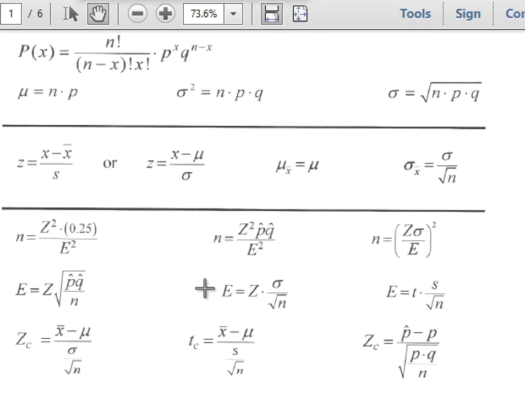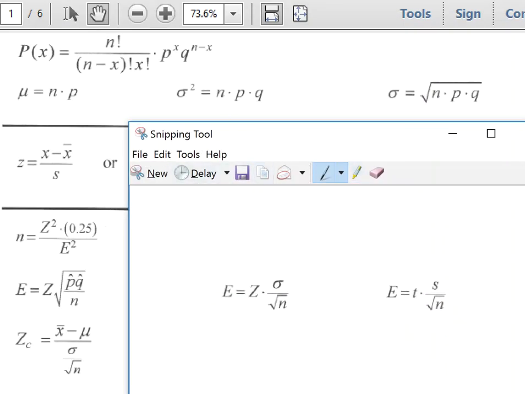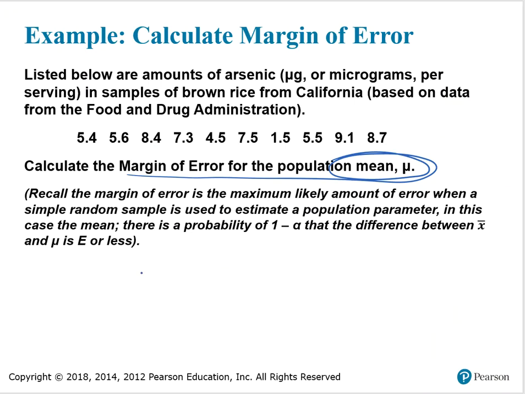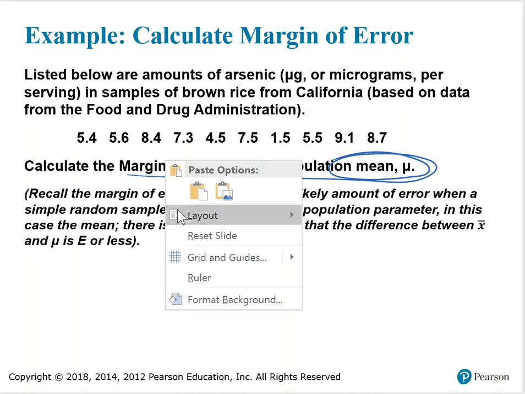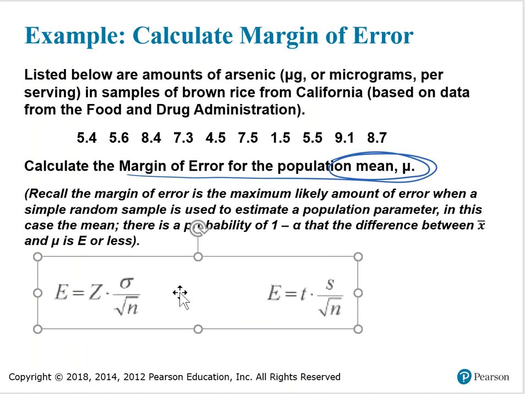So I'm going to grab both of these formulas for E equals, calculating the margin of error, and I'm going to paste them here and then choose which one I want to use.